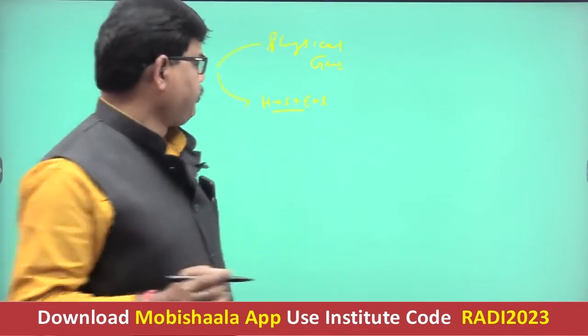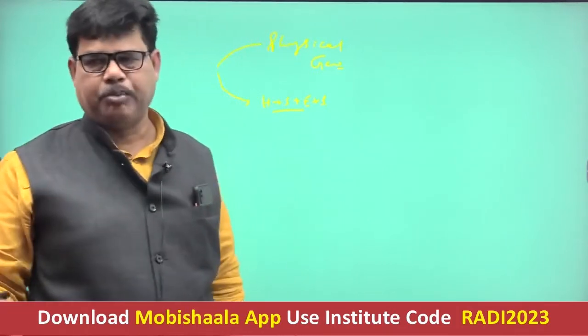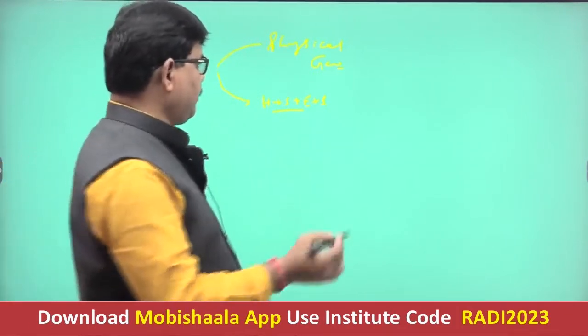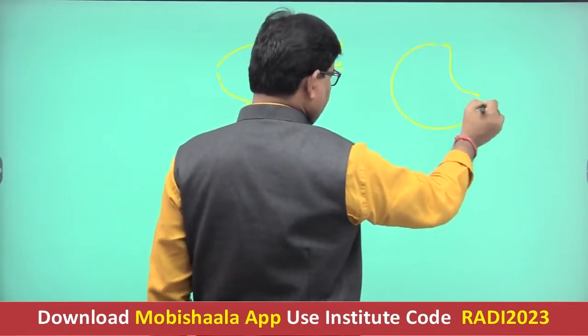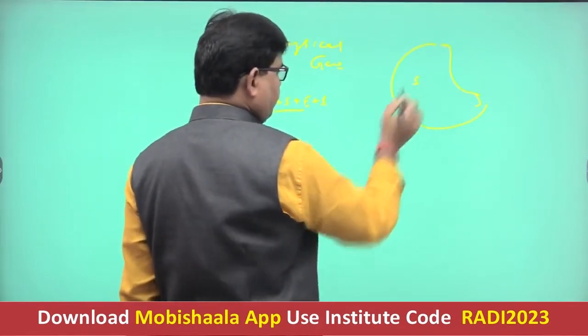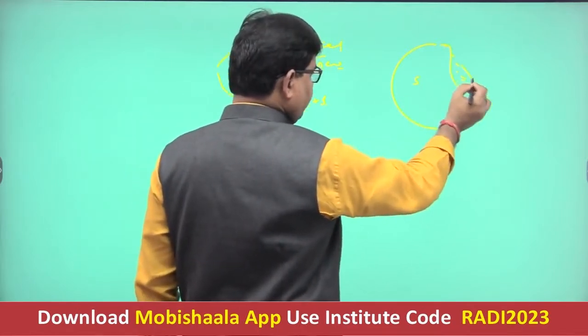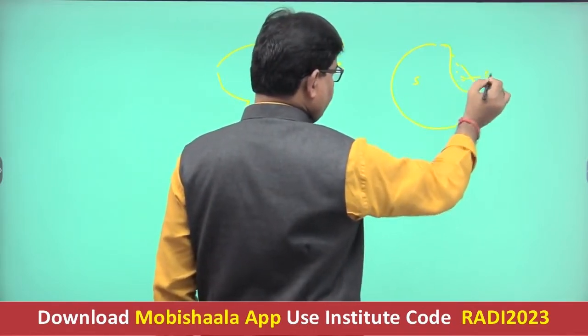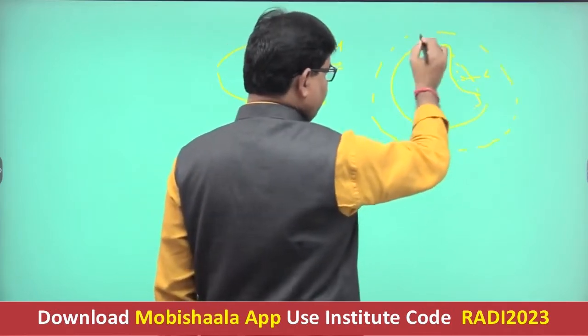So you see, physical geography deals with the physical state of matter constituting the earth. Suppose I am drawing a general figure of the earth, and suppose this is made up of a solid part. This part of the earth is covered by the aquatic part, that is water. This is the liquid part, and the earth is surrounded from all sides by a mechanical mixture of gases.